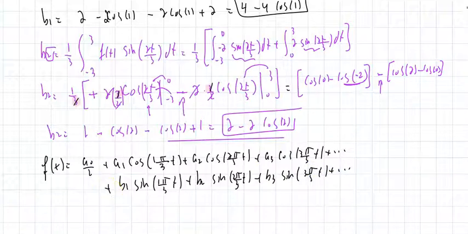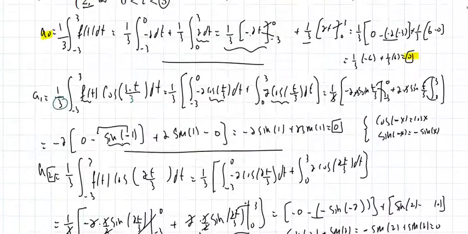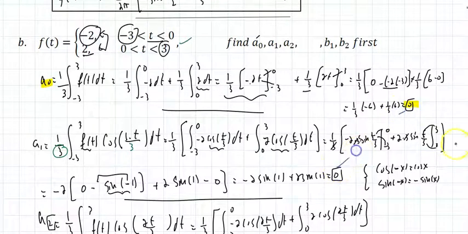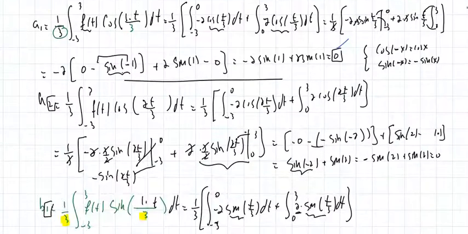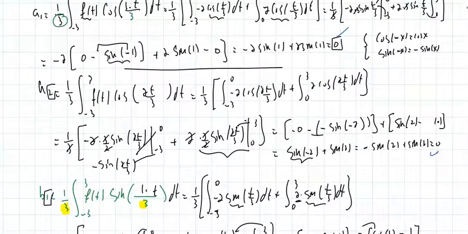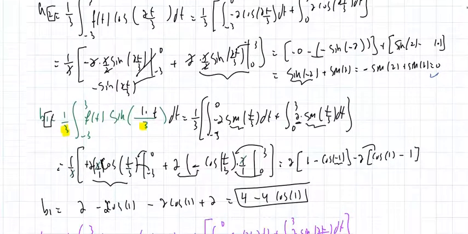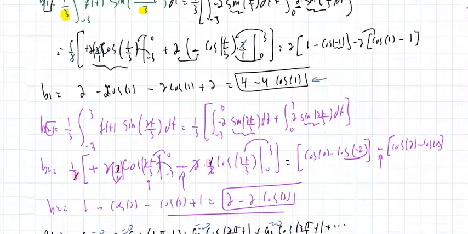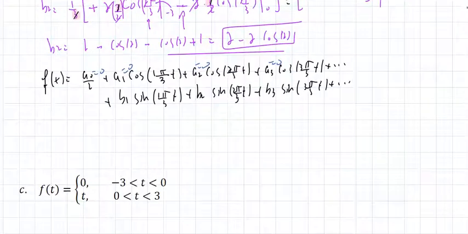But we got this to be 0, this to be 0, this to be 0, and this to be 0, and they were right there. Did you notice we got those to equal 0? What's b sub 1? 4 minus 4 the cosine of 1.